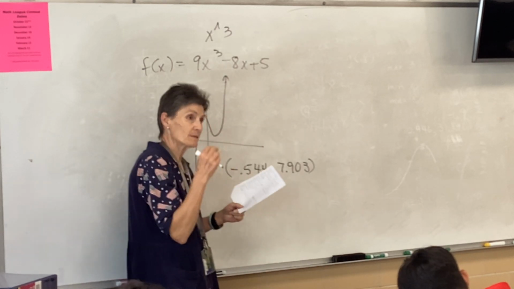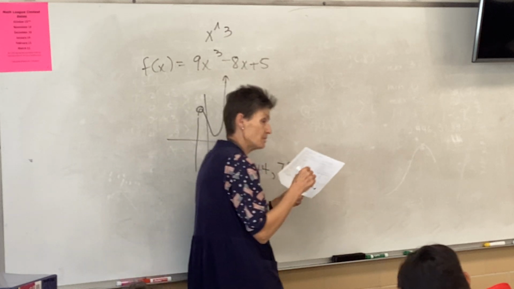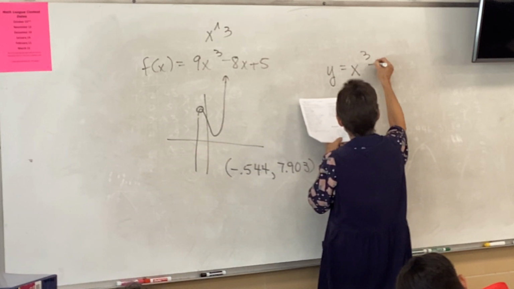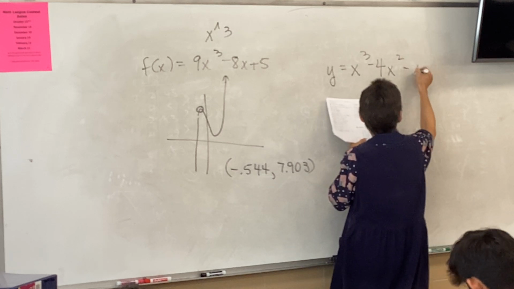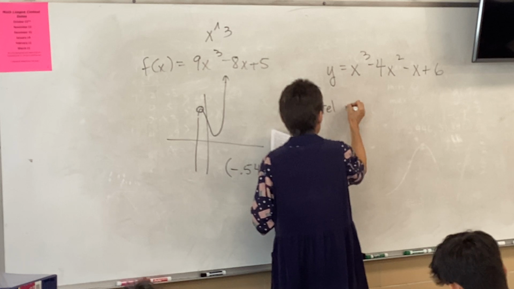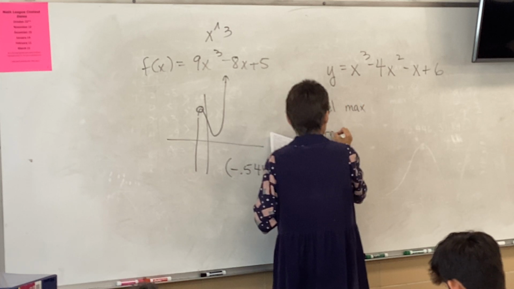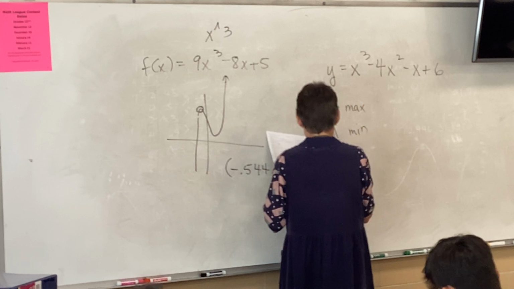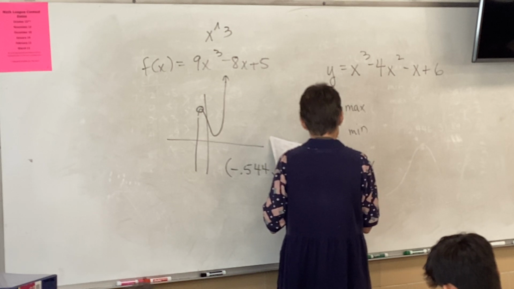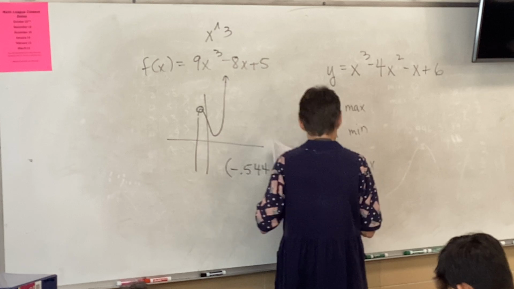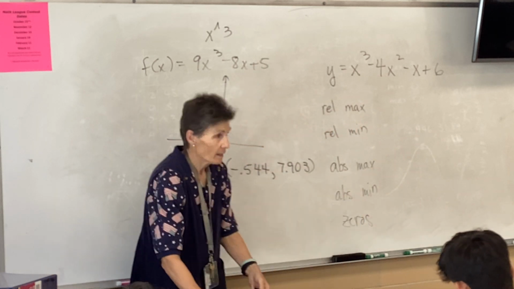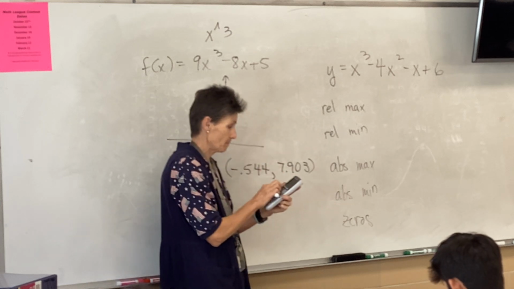Now let's skip down to 19 and do the same thing. Only more questions here. So we've got this guy right here. And we're going to find the relative max, relative min, absolute max, absolute min, and the zeros. All right, so let's type this guy in.